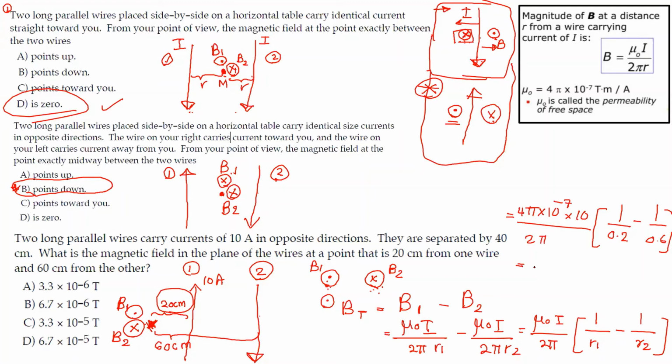When you do that, you should get the answer 6.7 times 10 to the negative 6 Tesla. Again, the answer is B.